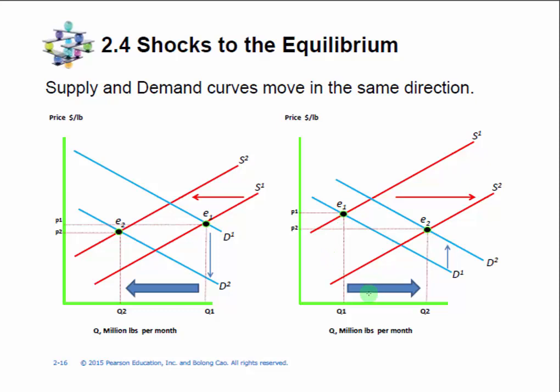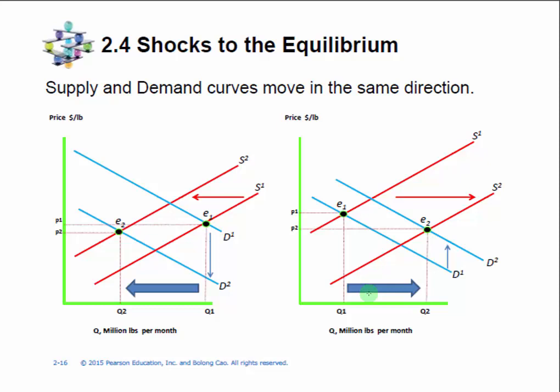So again, when you have both supply and demand increase, we know for sure the equilibrium quantity will increase, but the equilibrium price change is uncertain. It really depends on the relative magnitude of the movement. Unless you know exactly how much each curve has moved, we don't know where the equilibrium price will be compared to the previous equilibrium price.